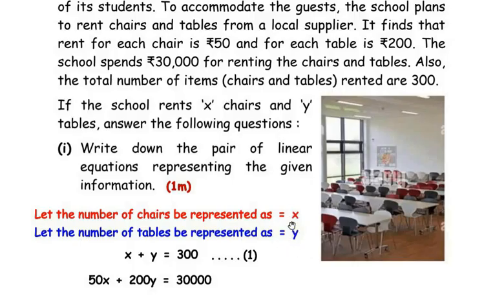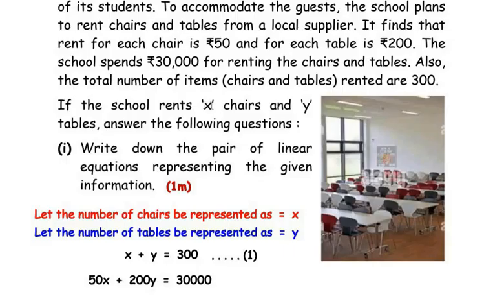After we have written this, we are going to make use of this piece of information, that is total number of items, that is chairs plus tables rented, are 300. So X, that is number of chairs, plus Y, that is number of tables, is equal to 300. So this forms our first equation. Now the second piece of information given is, the supplier says that for each chair the cost is 50.